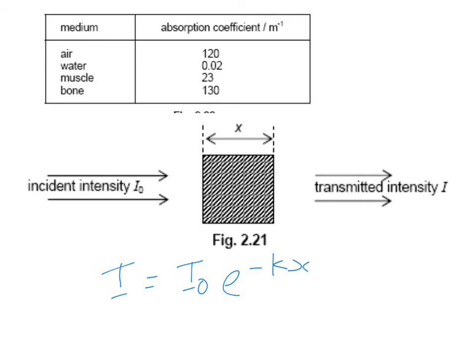Now on top of it, why is it bad? There's also a side effect. If your bone absorbs all the ultrasound, the KE will go up, because ultrasound is vibration of atoms or molecules. So the KE will go up, so the temperature will go up. The cells in your bone will start to heat up, and when that happens, the dissolved gases in your cells will start to boil.